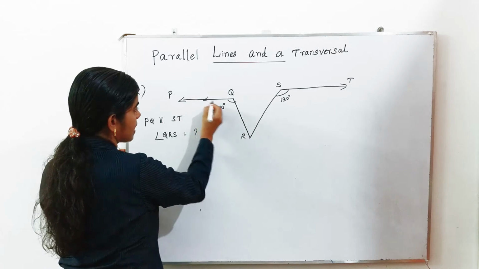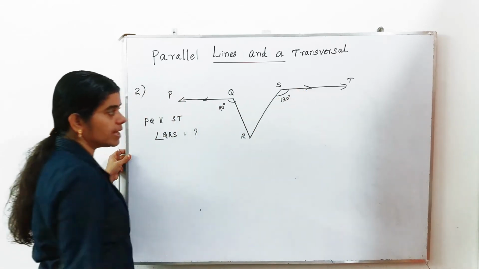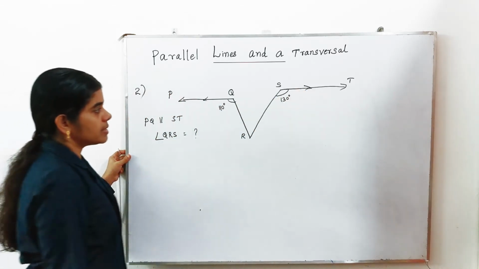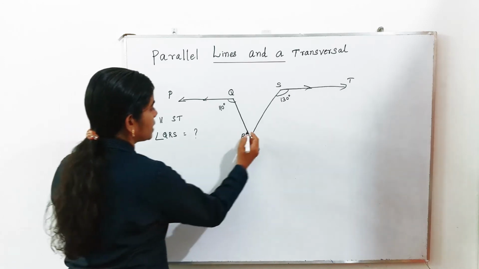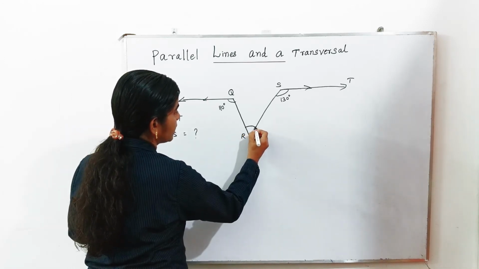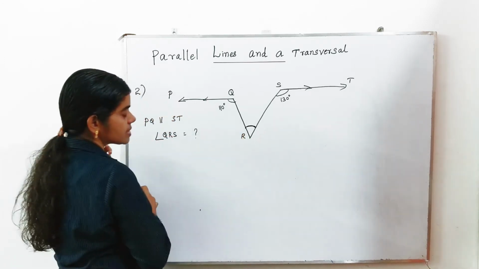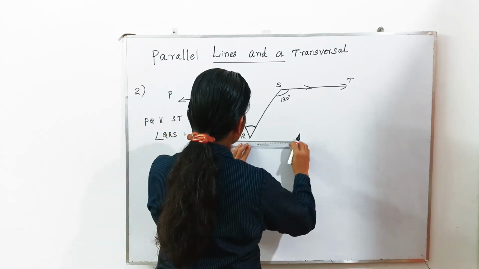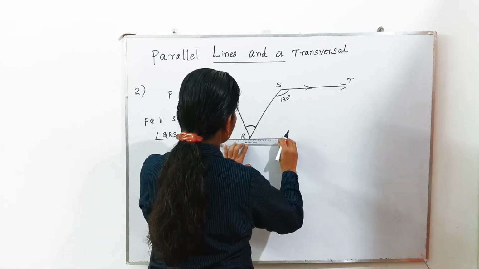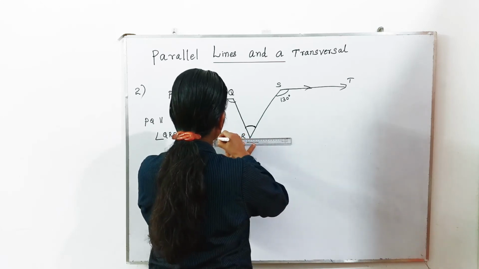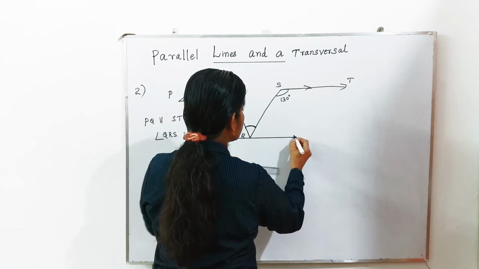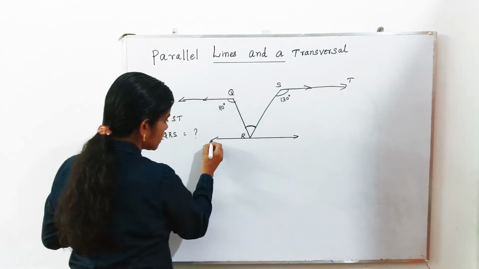PQ is parallel to this line, and these lines are given parallel. And you want to find out this angle. For this, I am drawing a line parallel to this. Through R, I am drawing a line parallel to these two lines.